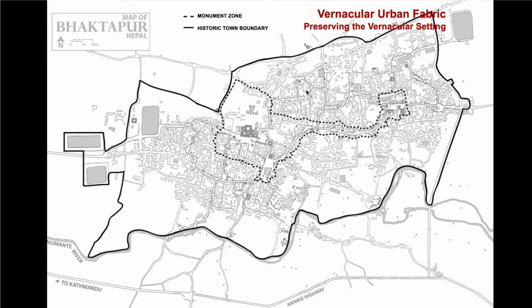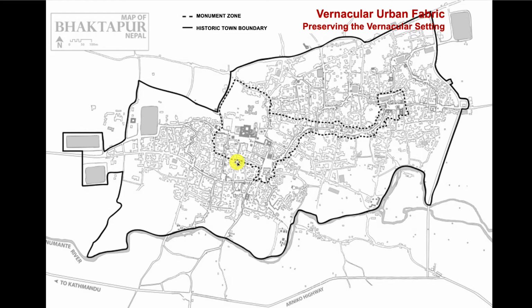Originally, this was the area considered to be the monument zone, and within that there was one core area recognized here, and another core area recognized here, and the rest of the area within this dash line boundary was considered the buffer zone. They realized that this area is not enough to maintain the preservation activities in Bhaktapur.